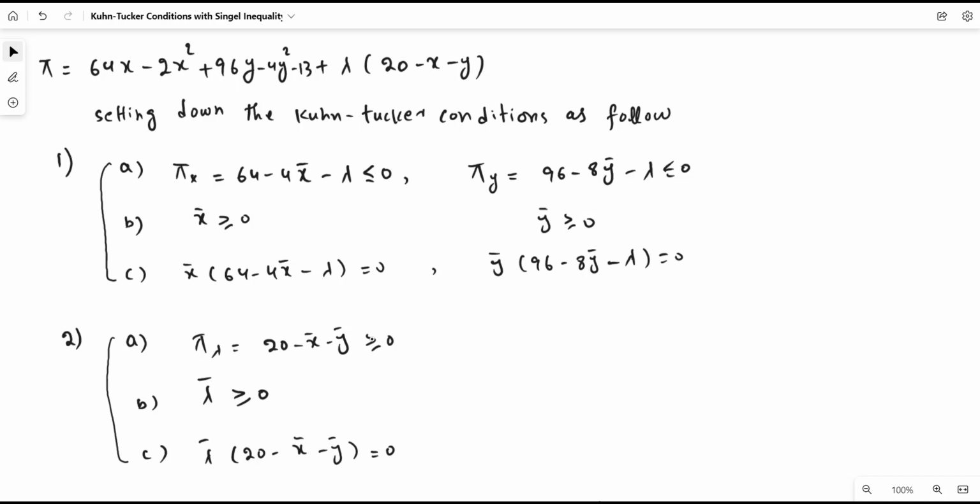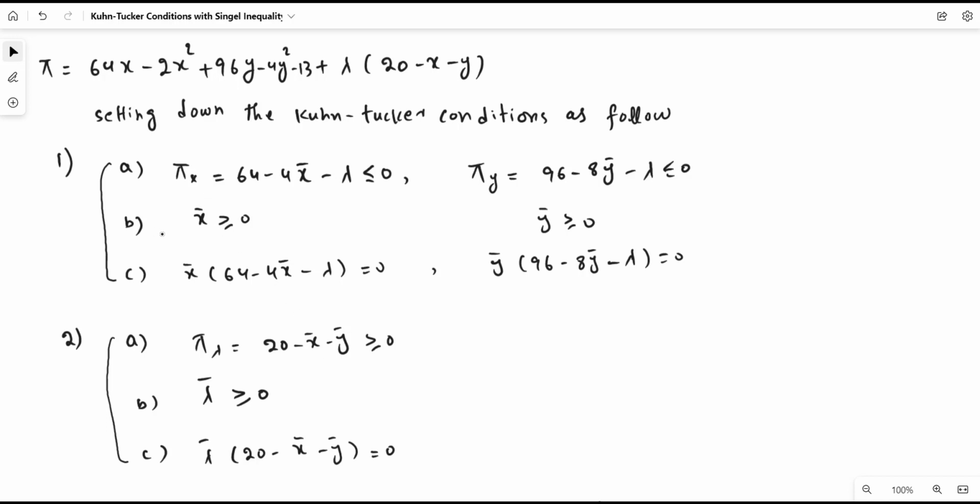It means that it should be greater than or equal to 0. The second conditions are the same, right? In the same way, the third conditions are also the same. What differs between 1a and 2a is that we put at most equal to 0 in one and at least equal to 0 in the other.